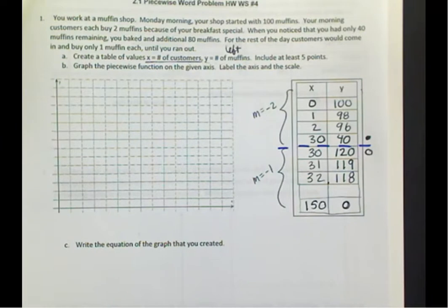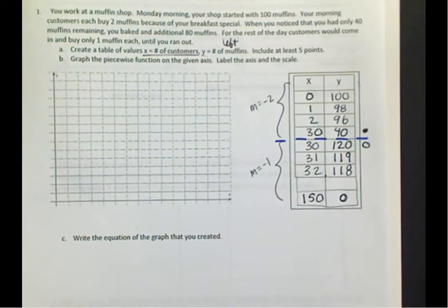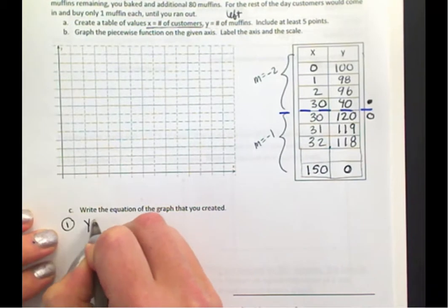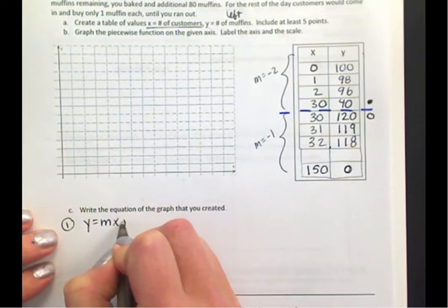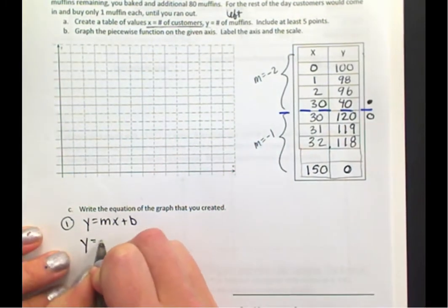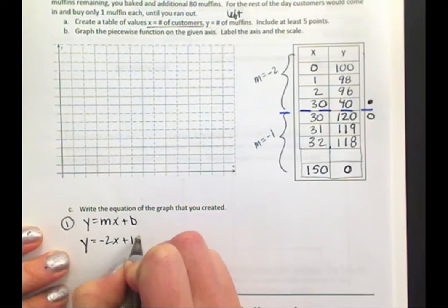Okay. The first section. Now I'm choosing this because I see the y-intercept is 100 and my slope is -2.